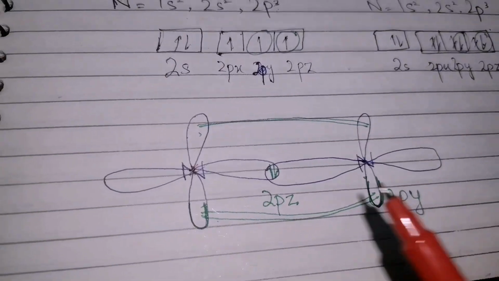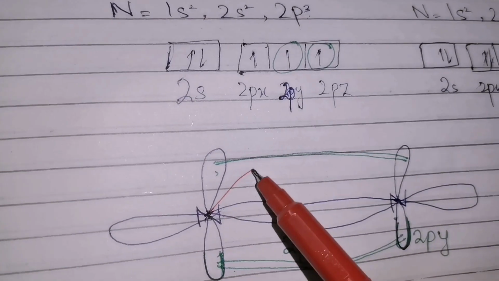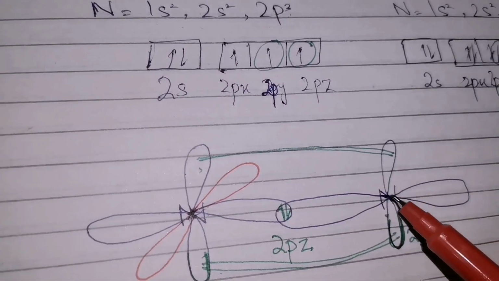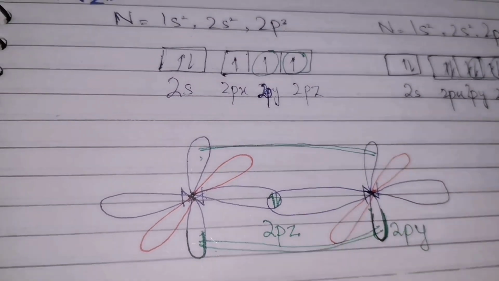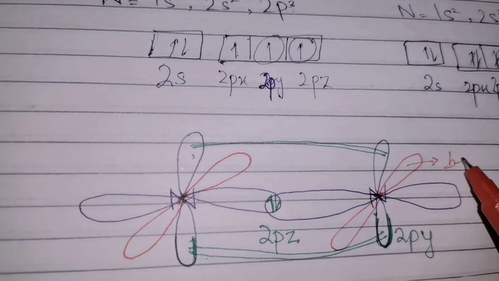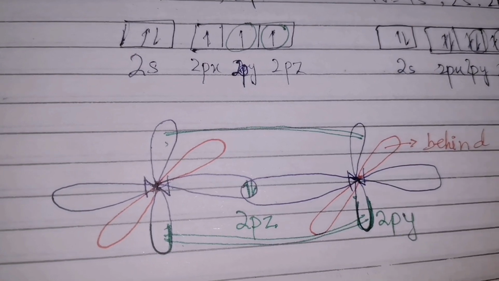Now we are left with the 2px. Now how we will draw this one? We will draw it over here, right? Its one side will go behind the plane, okay? It will be behind the plane.